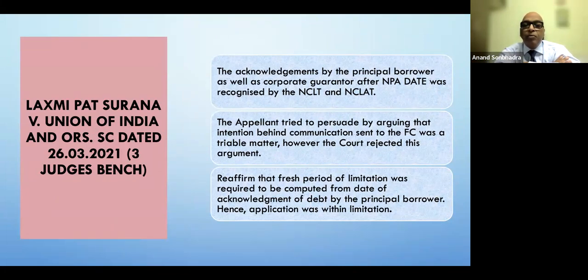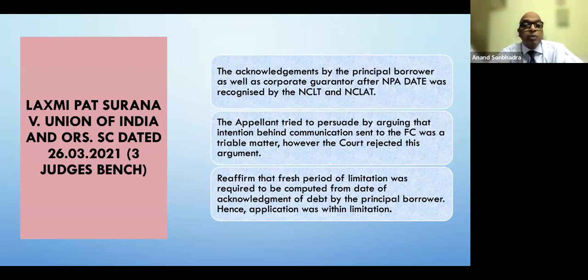The appellant here tried to persuade by arguing that the intention behind the communication sent to the FC was a triable matter. And the court rejected the argument. It reaffirmed that a fresh period of limitation was required to be computed from the date of acknowledgement of debt by the principal borrower. Hence, the application was within limit.